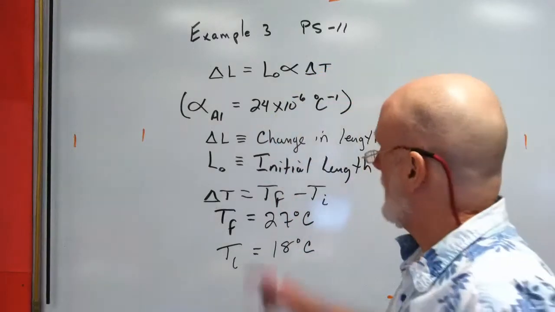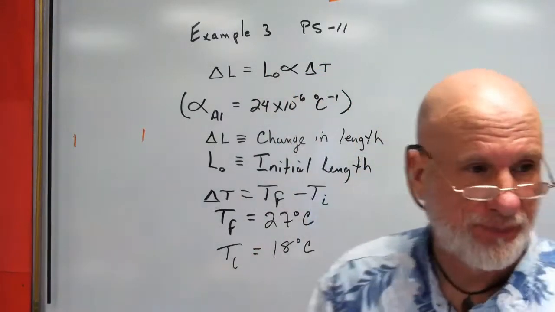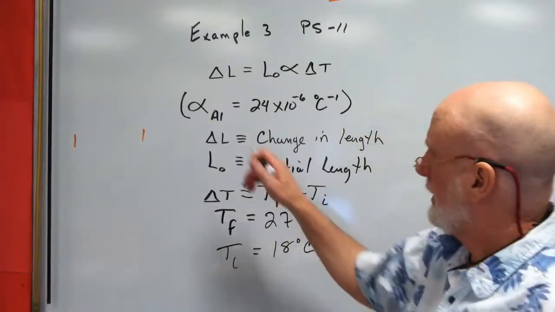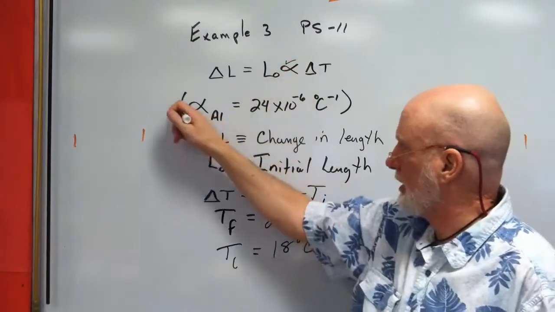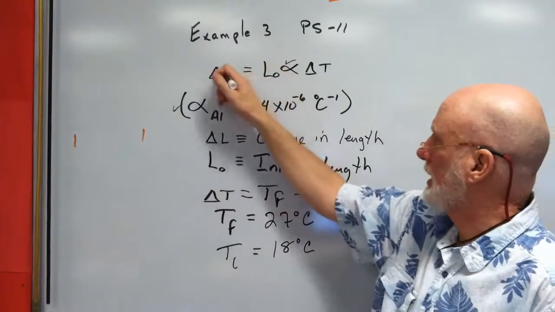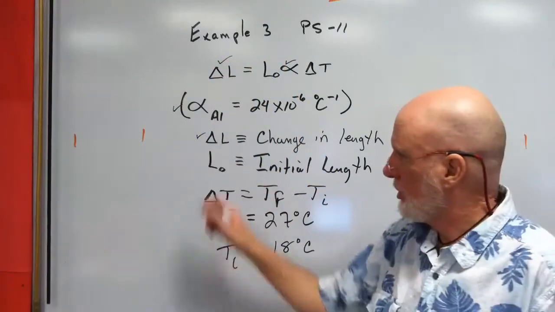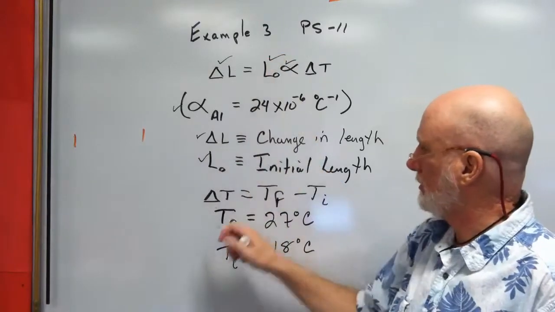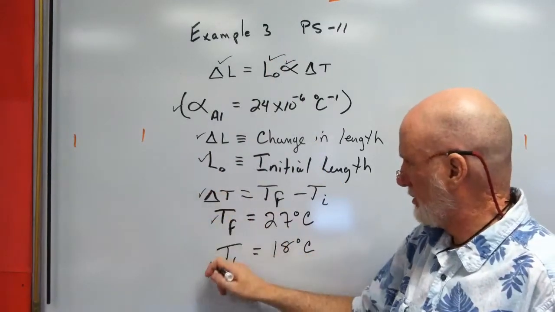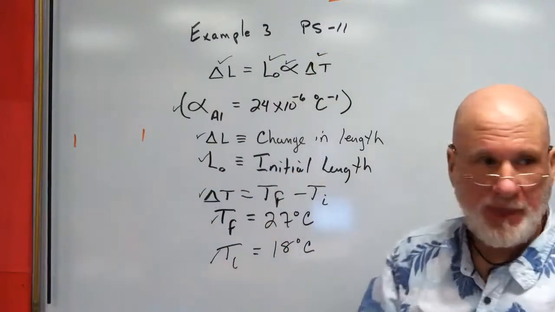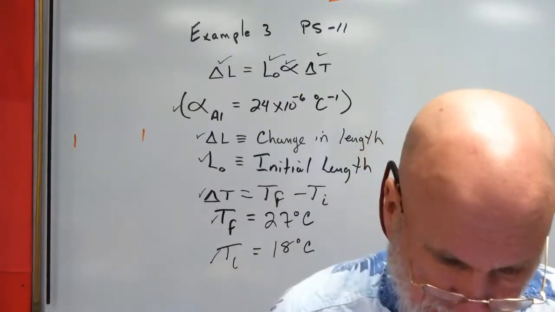All right. So now all I do is I plug in, right? Alpha is here. The change in length is what I'm calculating. The original length is here. The change in temperature is here. Let me reread the problem again.